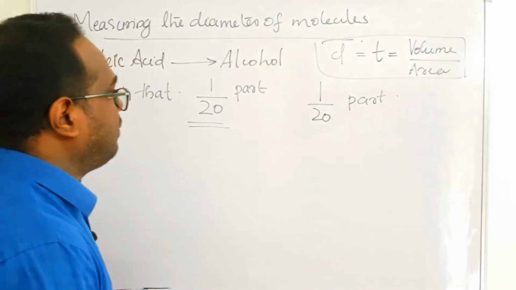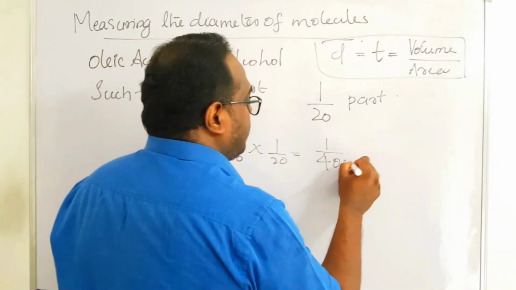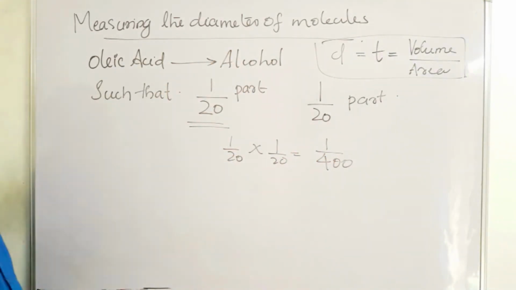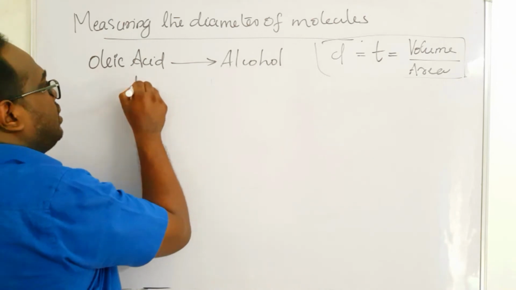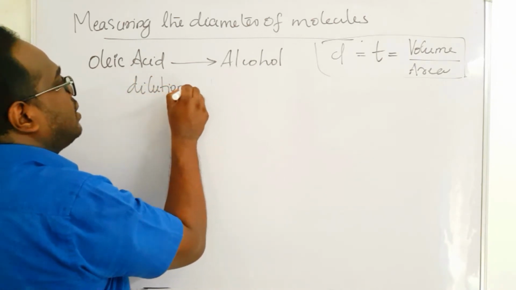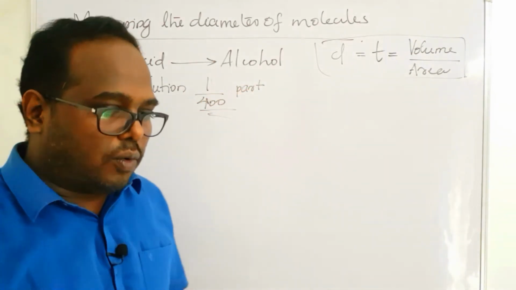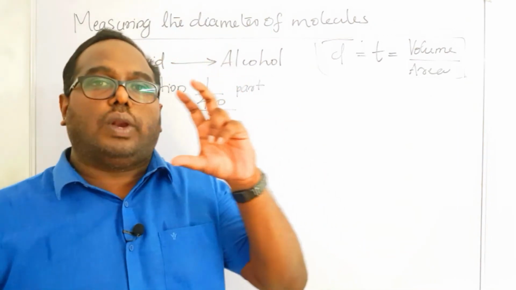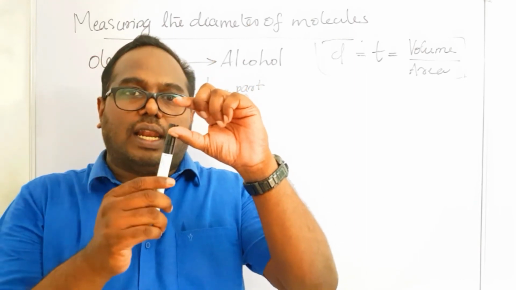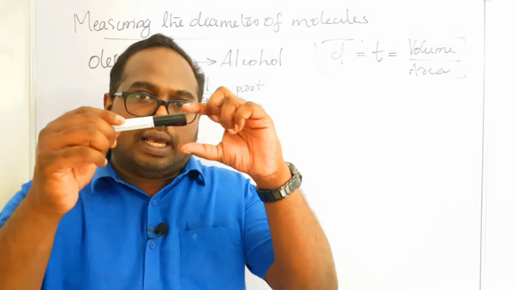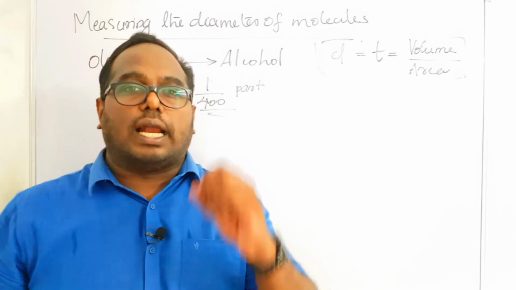So the total dilution will become 1 by 20 into 1 by 20, which is 1 by 400 part. Part means that if you have a 1 liter solution of oleic acid and alcohol mixture and take 1 ml of that, that 1 ml contains only 1 by 400. That is, divide that 1 ml into 400 parts, only 1 part contains oleic acid, that much diluted.